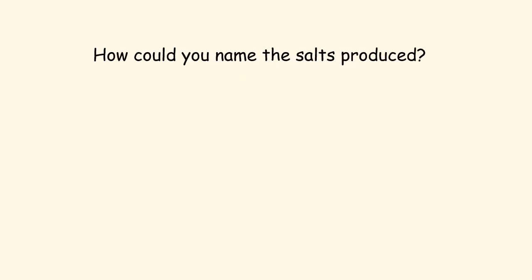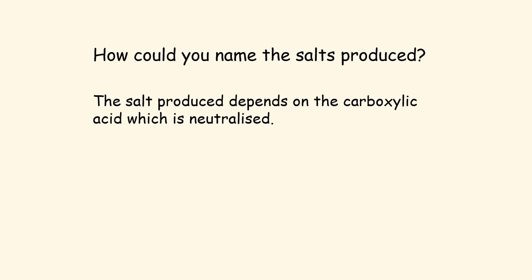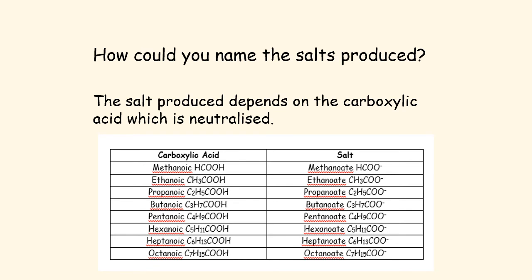But how would you name the salts produced? Well, it's quite straightforward. The salt produced depends on the carboxylic acid which is used in the neutralization reaction. If you use methanoic acid, you produce methanoate.